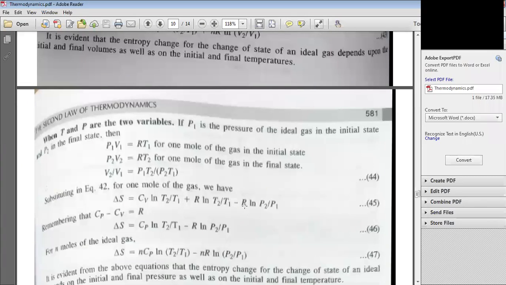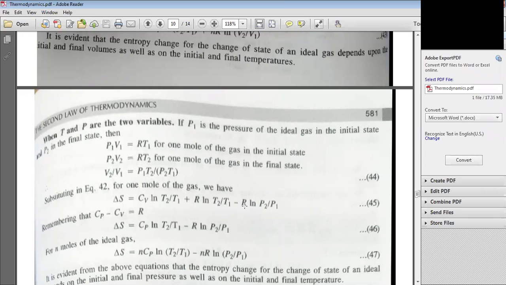Now we know that Cp minus Cv for 1 mole of gas is equal to R. So if we substitute Cp minus Cv equal to R, then Cv plus R will be equal to Cp. The first two terms in equation number 45 have a common ln T2 by T1.